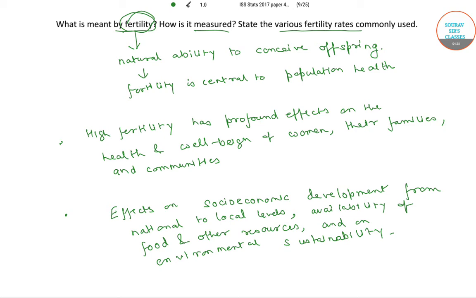It has an effect on socio-economic development from local to national level, on availability of food and other resources, and on environmental sustainability. So it is important that we keep this fertility in check, so that it does not become harmful for the country.